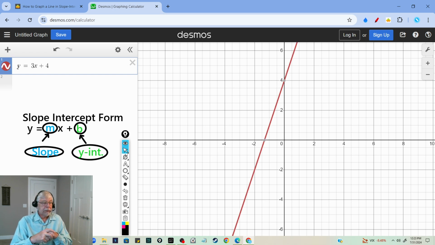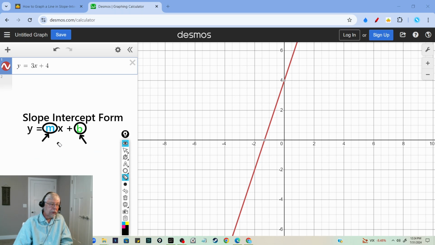I have a red line. For y is equal to 3x plus 4, what is my slope? What's my slope for y is equal to 3x plus 4? My slope is equal to 3.